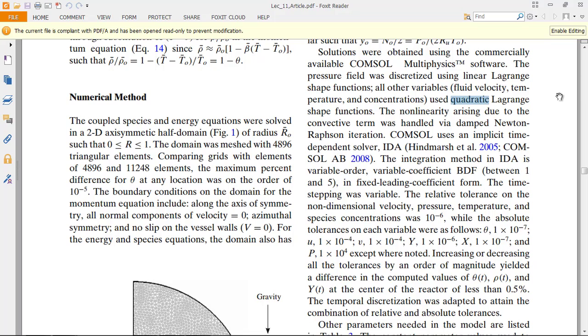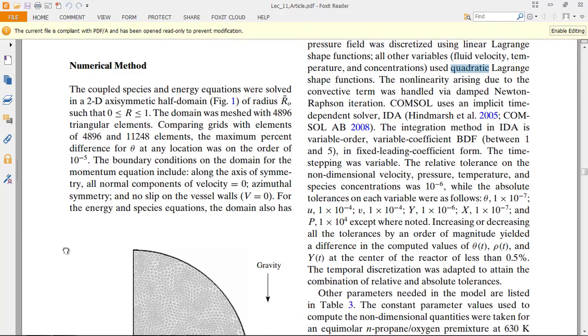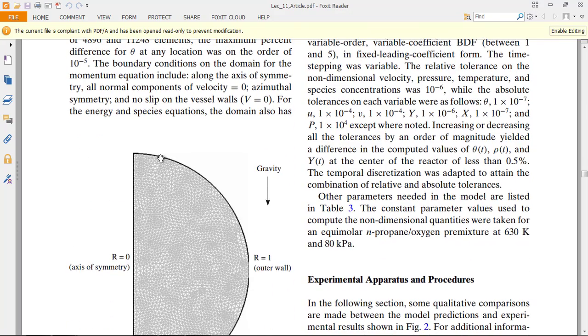Where I needed quadratic elements is that I would have large changes in temperature along this wall, because this wall was the cool part of my reaction, and the hotter part was out here in the middle. So there's a rapid change in temperature from the wall out slightly into the gas that was modeled in here. Same thing with the velocity. There were a lot of velocity changes happening.